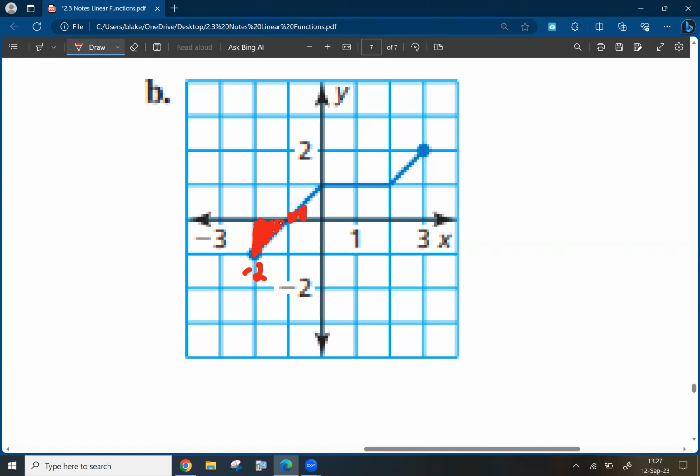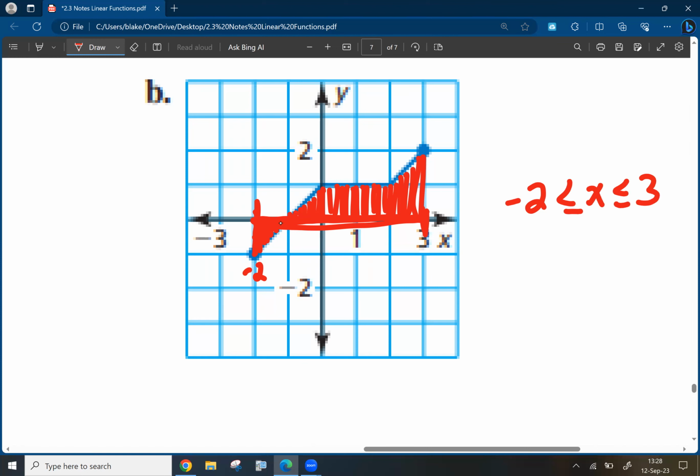So it's a non-stop connection. There's always something there, all the way until you get to +3, where it ends. So my domain isn't just specific spots, it's everything in between -2 and +3. So -2 to +3 is my domain.